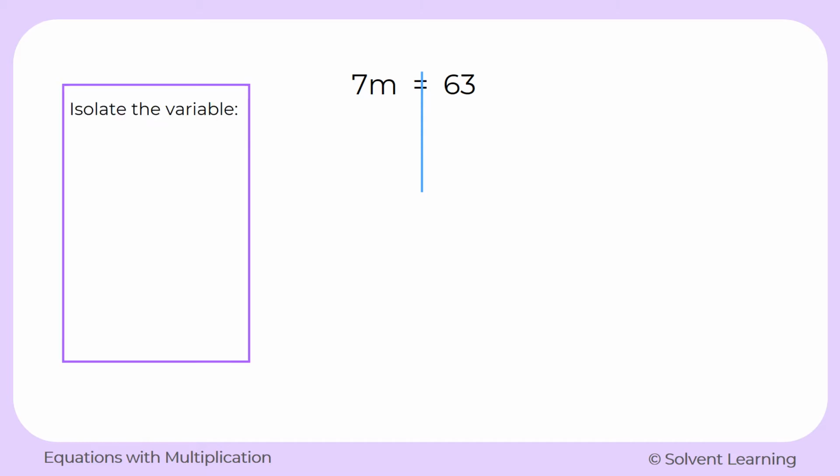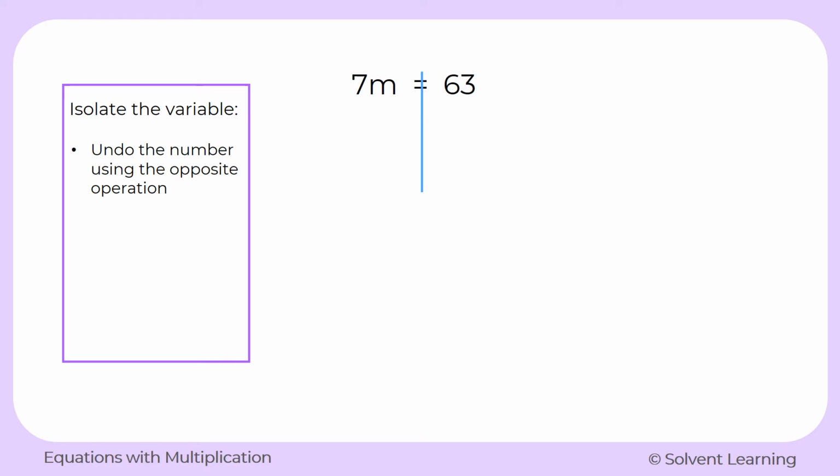Next, we want to work on isolating our variable m. To do that, we have to undo the number 7 using the opposite operation. And as we mentioned, the 7 is being multiplied by m. So the opposite of multiplication is division.